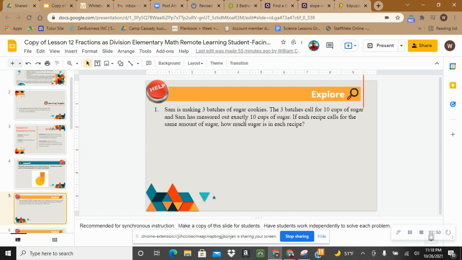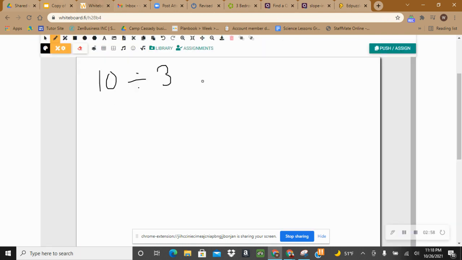So there's 3 sugar cookie batches. So each one is going to have the same amount of sugar in it. So 10 divided by 3. Remember, that is just 10 over 3. But I need to know what that is. I need to know how to get that, all right?